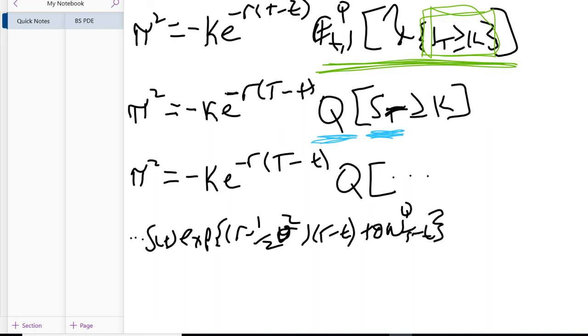Close out the exponential, and then that is greater than K. So all I did here was replace ST with the solution that we had derived earlier under the measure Q, so the solution to the Q dynamics of S.